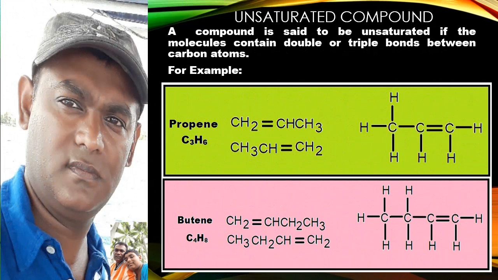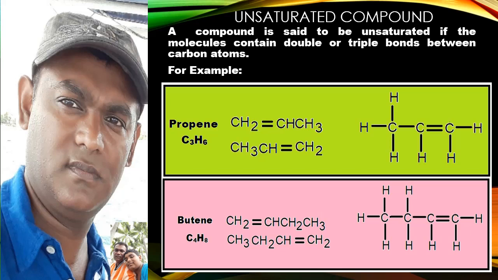Unsaturated compound. A compound is said to be unsaturated if the molecule contains double or triple bonds between the carbon-carbon atoms. The compound propene is an example of an unsaturated compound since it contains a double bond.